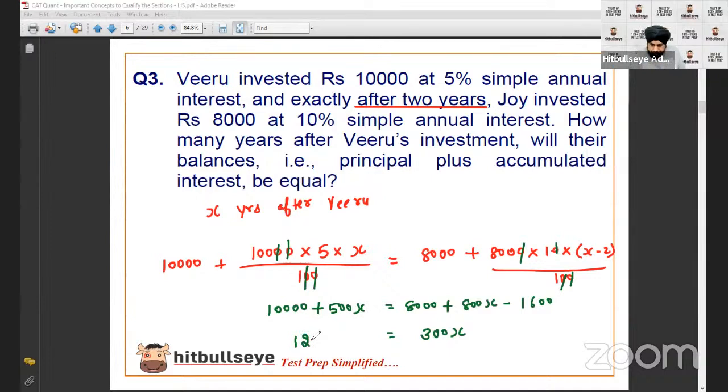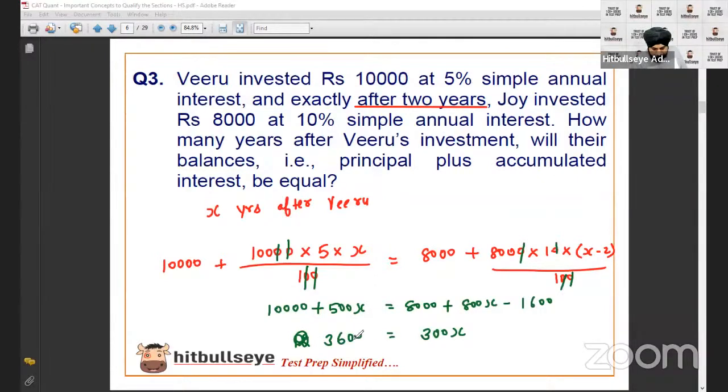Did we make any calculation mistake? 8,800x minus 1,600, 10% is his rate, 5 is his rate, 5x, this is 500x, 10,000. So 6,400 will be subtracted here.